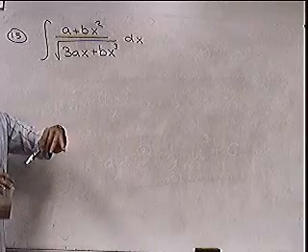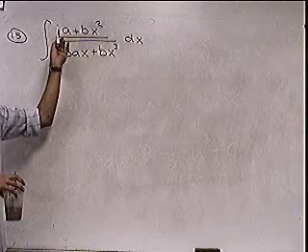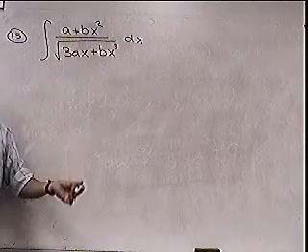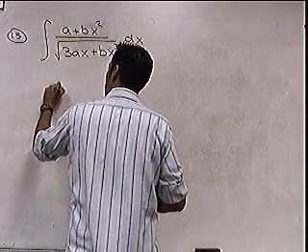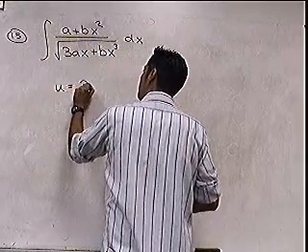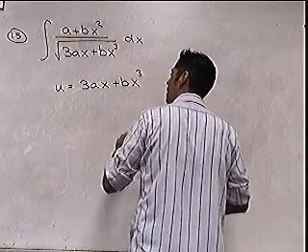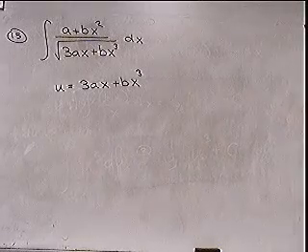It's a second degree polynomial. So I have third degree here, second degree there. If I choose this as my u, when I take the derivative, I get a squared term. So that's a good place to start. Let's try u equals the whole thing, 3ax plus bx cubed, and see if it works.